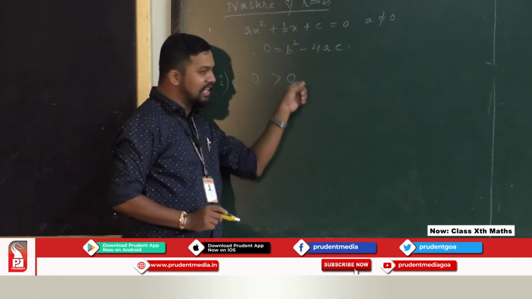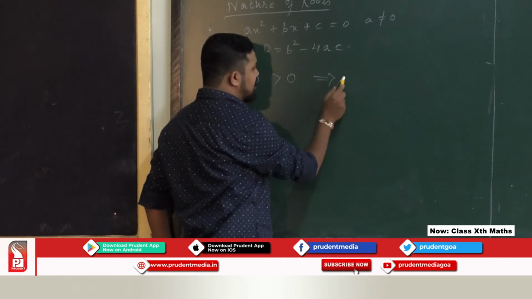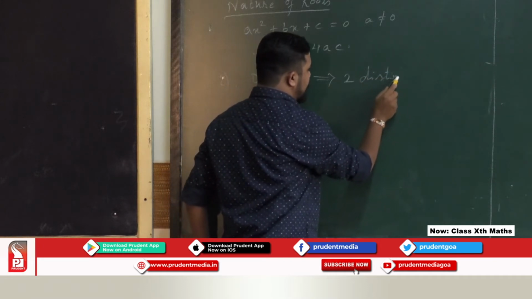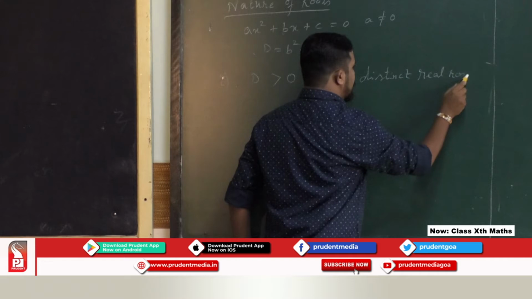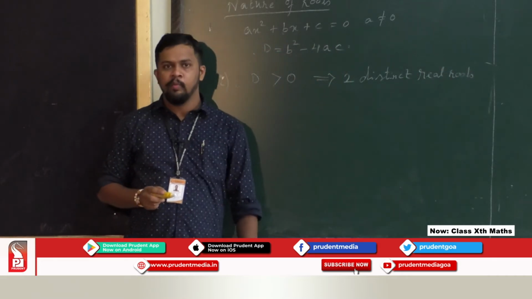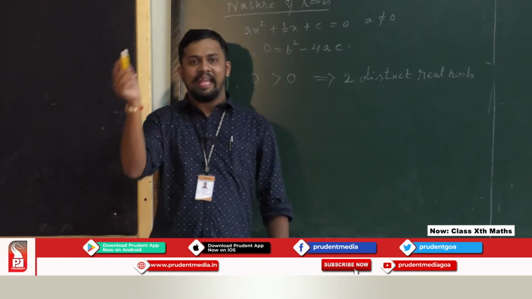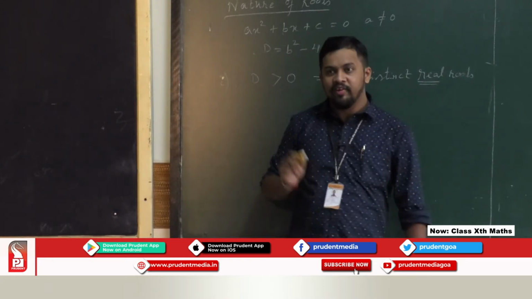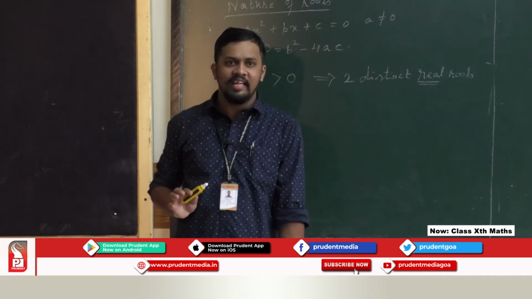So, if d is greater than 0, there are 2 distinct real roots. Distinct means different. Now, when I say the word real, you heard real numbers, which classify both rational as well as irrational.